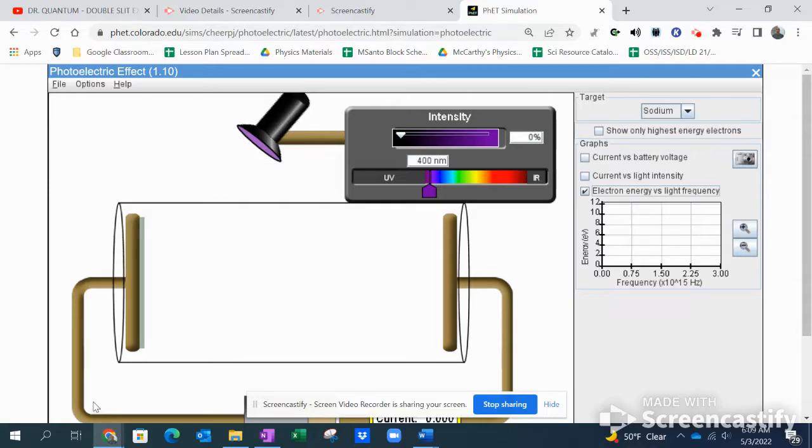Okay, so if I turn the light on, the intensity goes to, let's just say, 7%. You can see that there's an electron that gets excited and travels across the tube to the anode. Sorry, to the cathode.